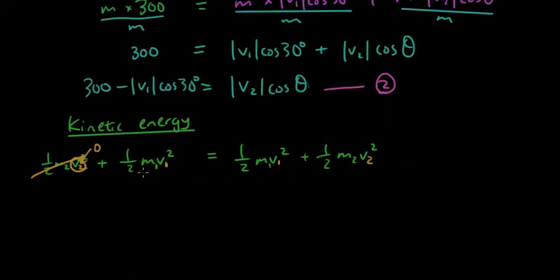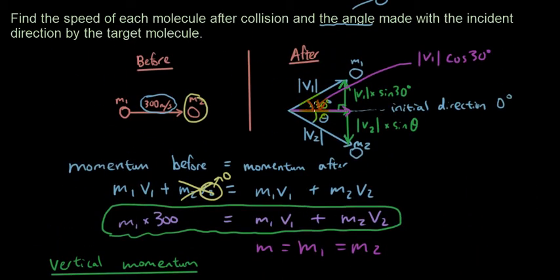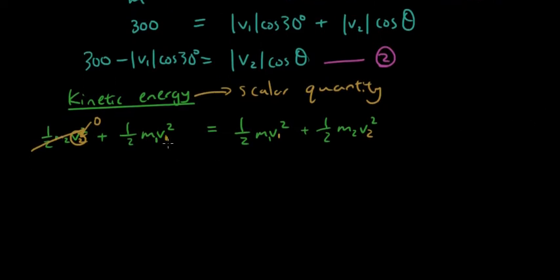Now, kinetic energy is a scalar quantity. So because it's not a vector quantity, we don't have to do vertical or horizontal components. It's just the magnitude of each of these vectors, the magnitude of the vectors for the speed, right?